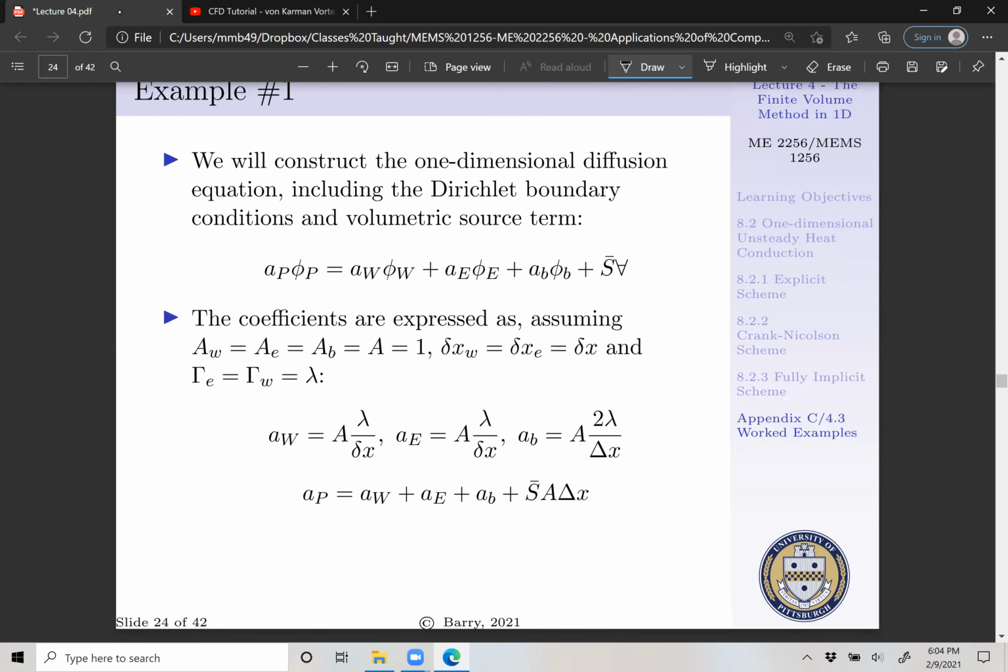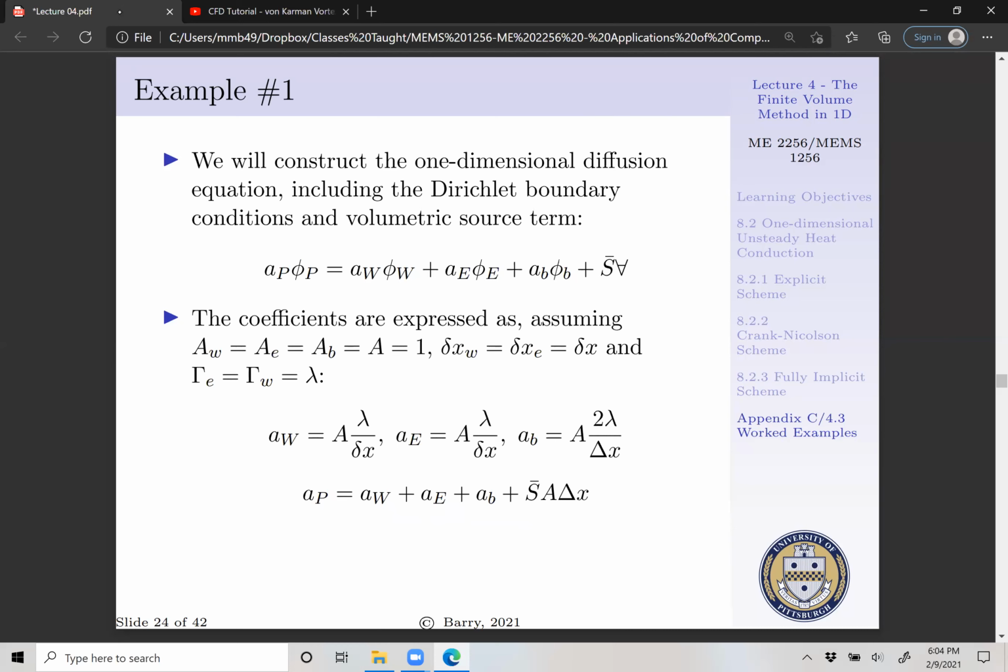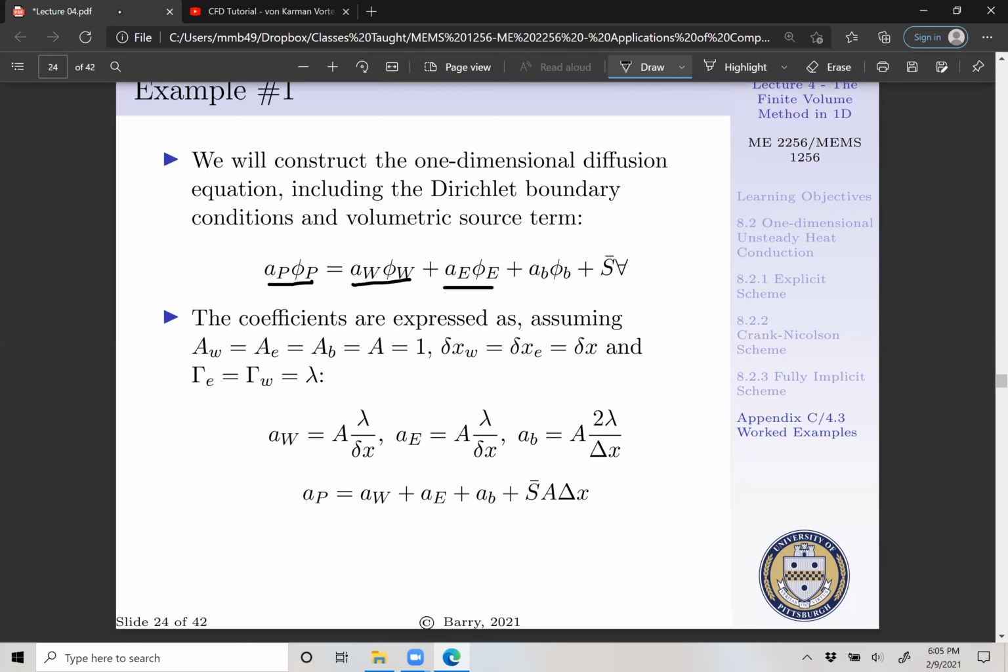Now, with our 1D diffusion equation, we're going to have Dirichlet boundary conditions and a volumetric source term. So we can say AP phi P is equal to A West phi West plus A East phi East plus AB phi B. Recall this is only applied when we're at a boundary, plus our integrated source term times the volume of our cell.